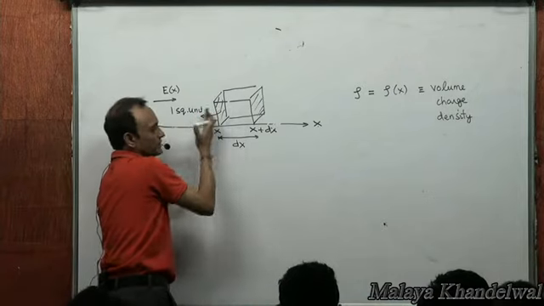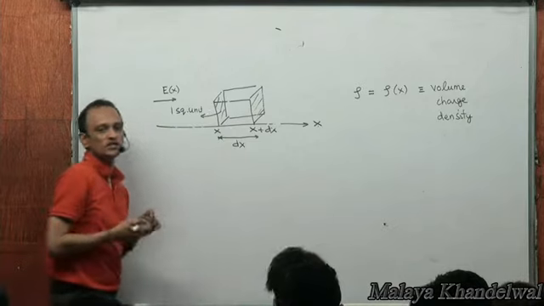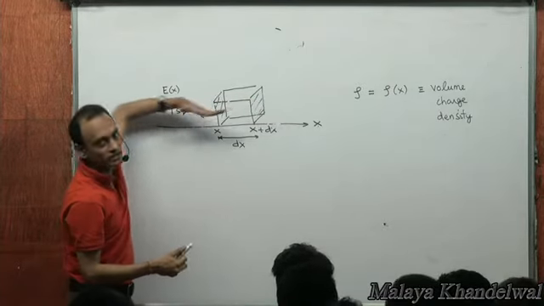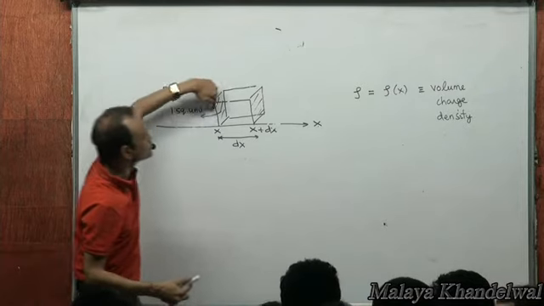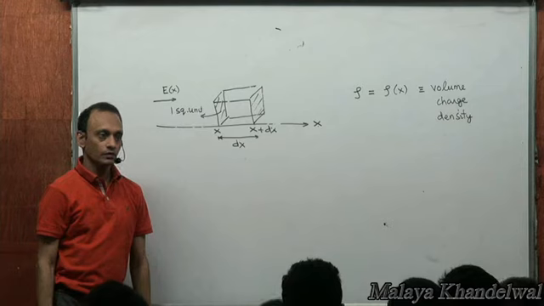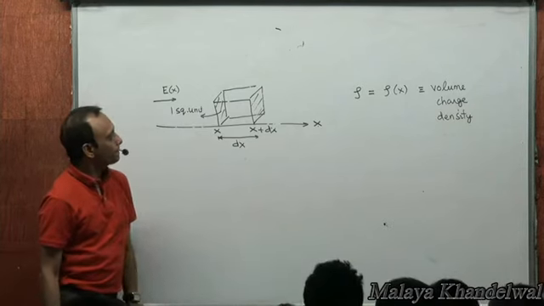That means along this dx, these two faces have area 1 square unit. These shaded areas are perpendicular to the x direction. That means the x axis cuts through these two shaded areas perpendicularly.